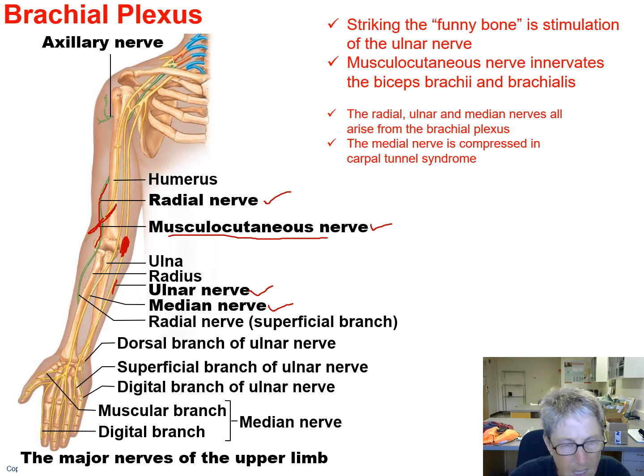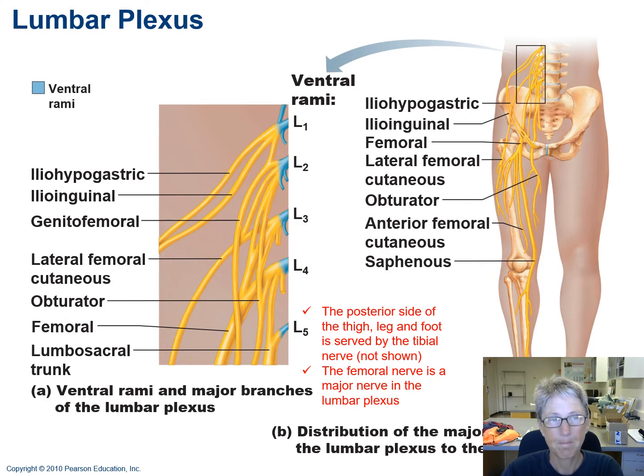So if you trace all those three nerves back, you trace them into the brachial plexus. So all of those nerves are in the brachial plexus. And then if you've ever heard of carpal tunnel syndrome, that's your median nerve here. Carpal tunnel syndrome is when that median nerve gets compressed.